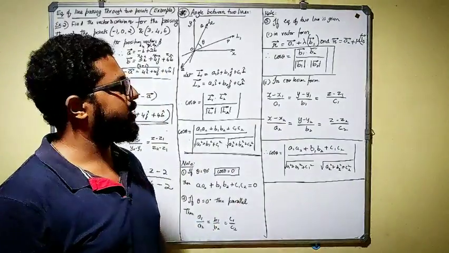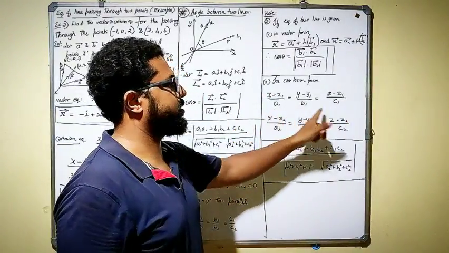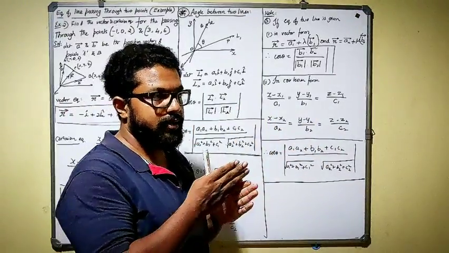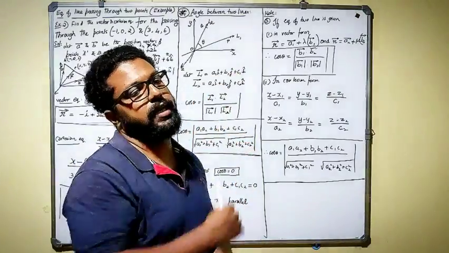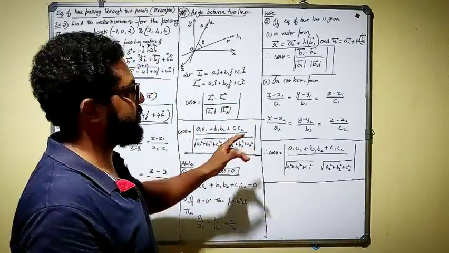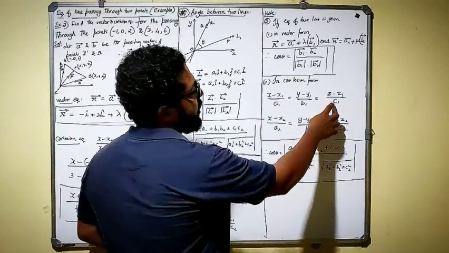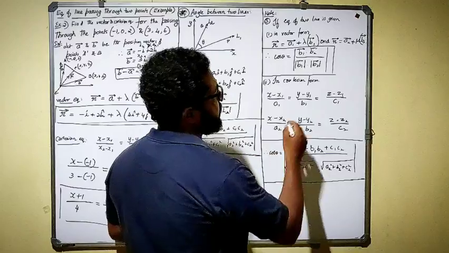Then what if they give it in Cartesian form? This is the Cartesian form we have studied in the previous case. That was when the line was travelling parallel to a single vector. It's not two points they are talking about, it is a single point, and it will be in this form. Now here I need not look at anything else except the denominators.